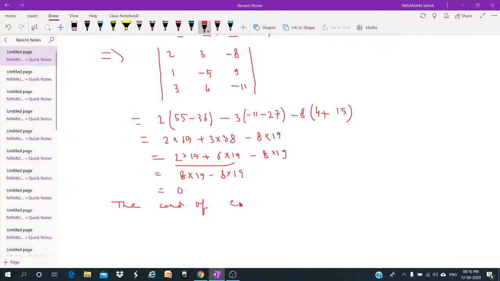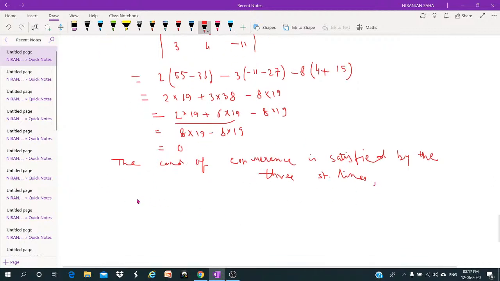Concurrence is satisfied by the three straight lines. They must be concurrent.